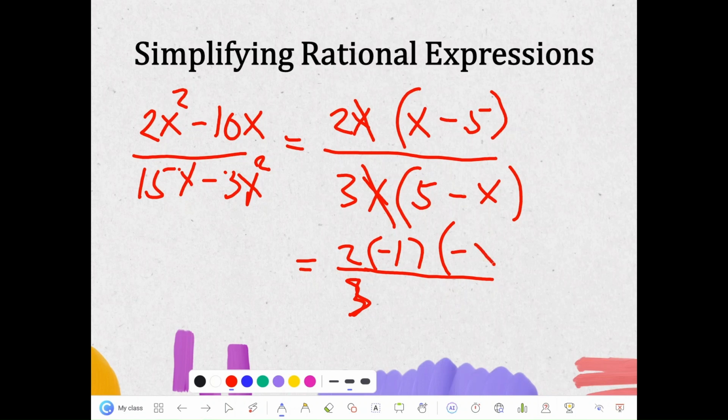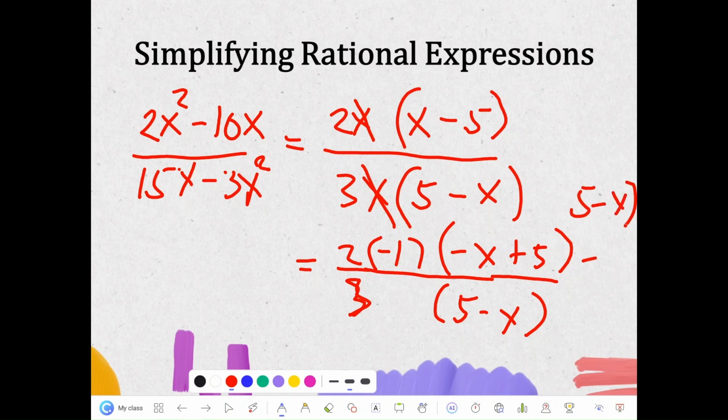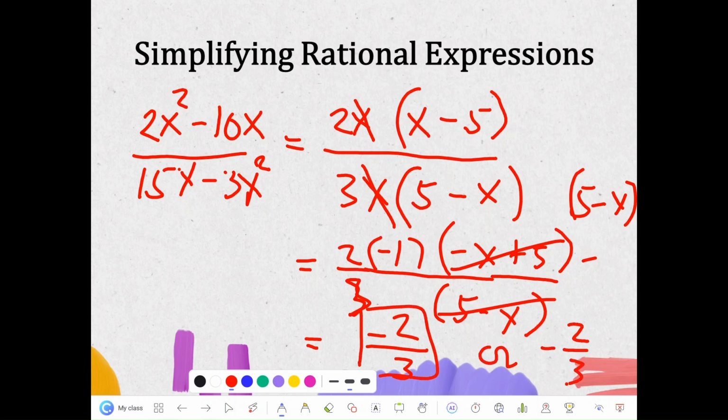So, this is negative x plus 5. And then you will have here 5 minus x. At alam natin na ito, kapag ni-rearrange natin, this can be equal to 5 minus x. So, makakancel natin ito. Okay. So, ang matitira is 2 times negative 1 is equal to negative 2 over 3 or negative two-thirds. And this is your final answer.